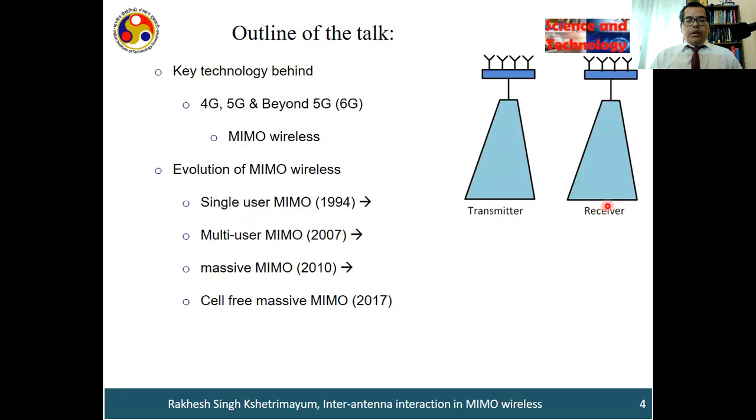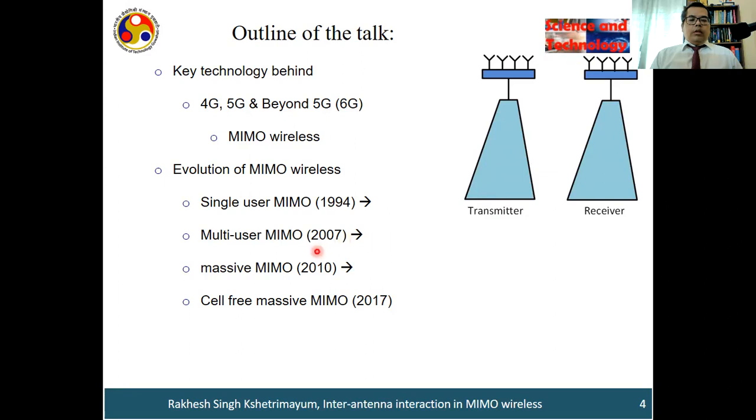The receiver will receive the message or information transmitted from the transmitter. This diagram shows single user MIMO, where you have a terminal called a transmitter and a terminal called a receiver. So that was a very primitive single user MIMO, proposed around 1992-94.